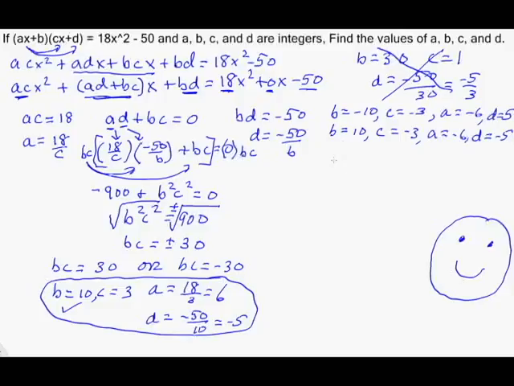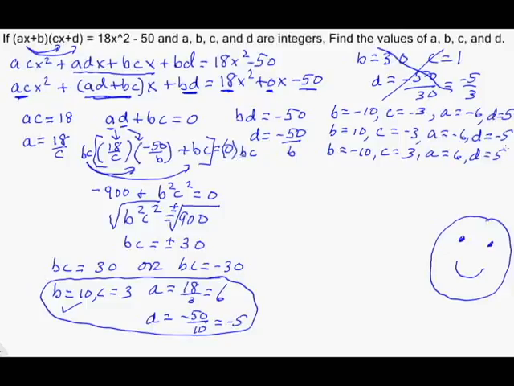Okay, and now let's see what other possibilities we have. We could do b is equal to negative 10, c is equal to 3, and that would give a BC equal to negative 30. So if we had that, then A would be equal to 6 and D would be equal to 5.